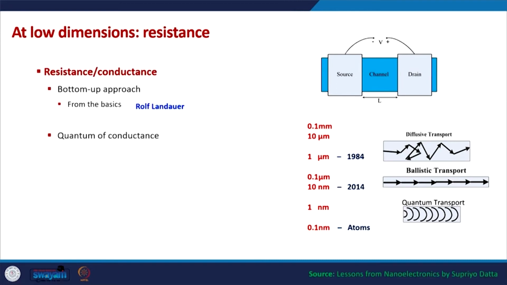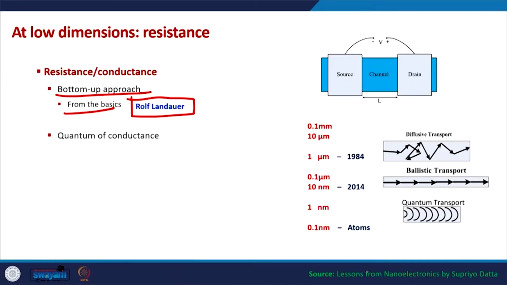So in this course we take what is known as the bottom up approach, and this basically builds from the basics. This is largely because of Rolf Landauer, who was the first person who, after the discovery of quantum mechanics, essentially started on this.